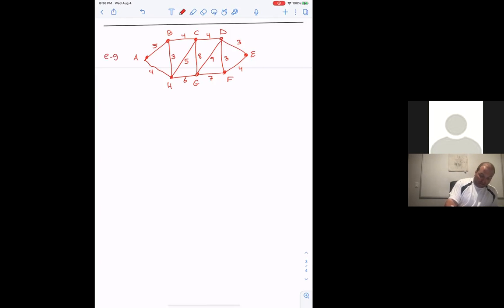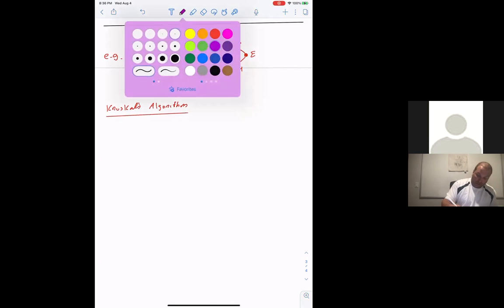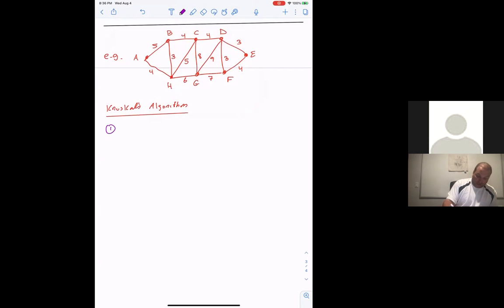So we have 2 algorithms that we're going to learn. The first one is called Kruskal's algorithm, and Kruskal's algorithm is as follows. Step 1, pick any edge of least weight. In our example, there are 3 of them. Pick anyone. I don't care. Nobody cares.